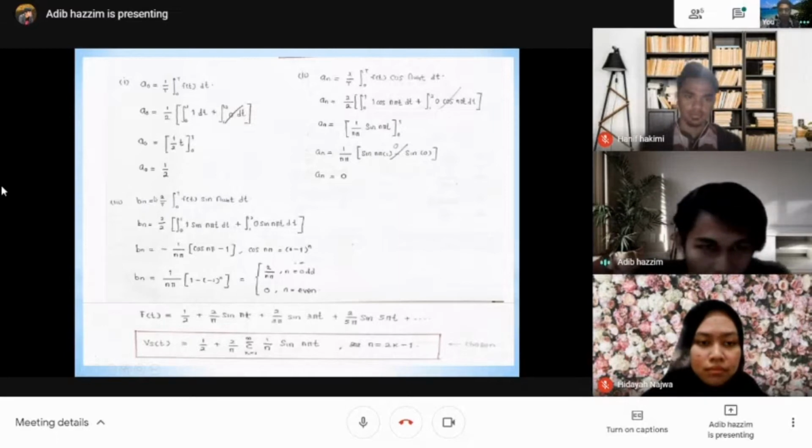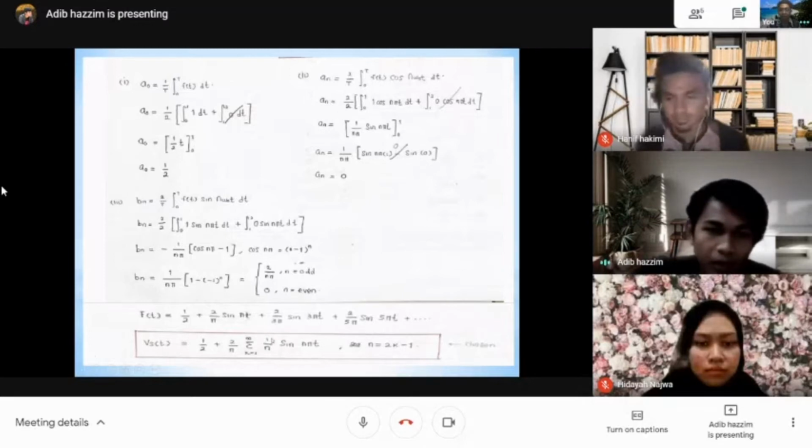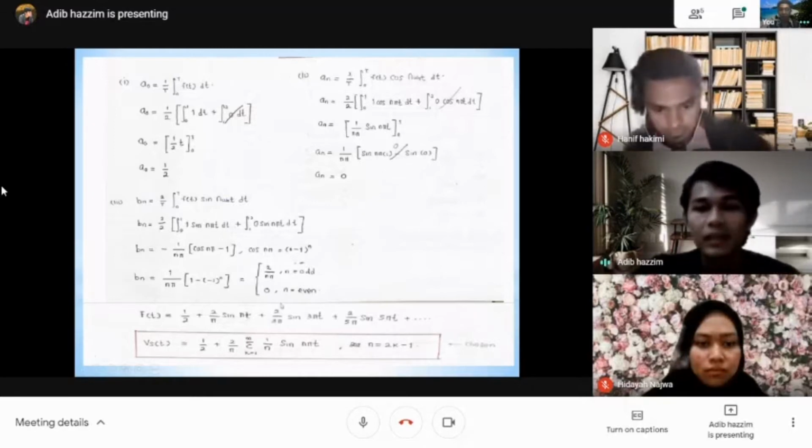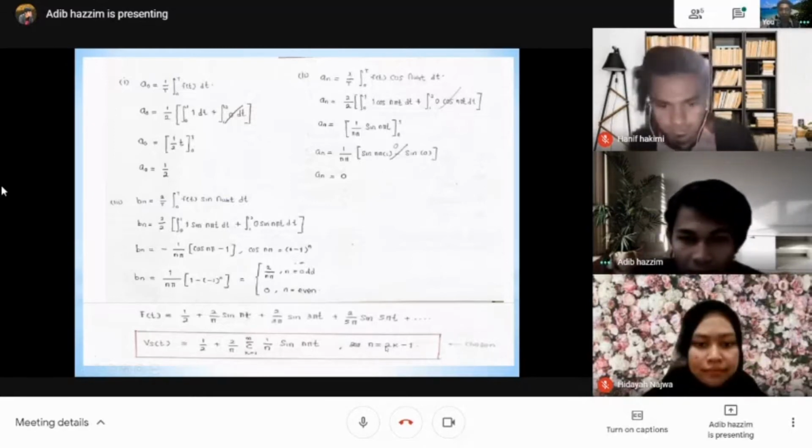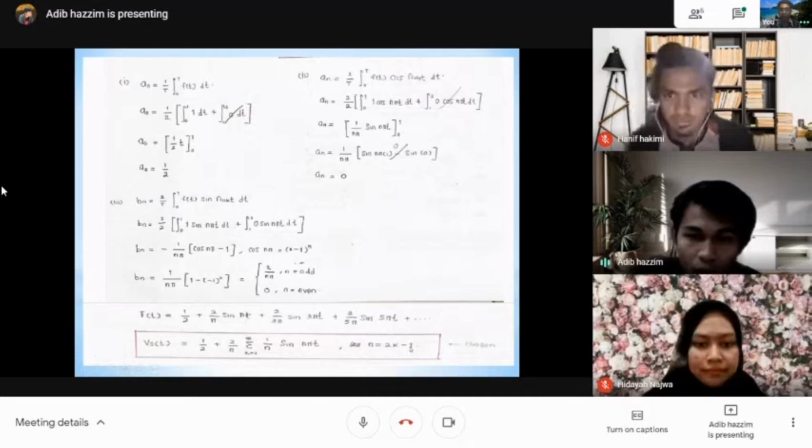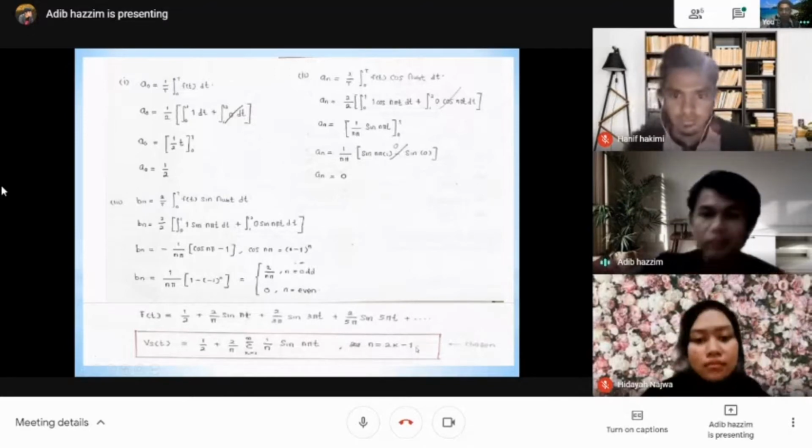We use this formula and simplify using integration, and we get this answer. So this Vin that we use, Vs(t), equals 1 over 2 plus 2 over pi sum of 1 over n sin n pi t, where n is equal to 2k minus 1.